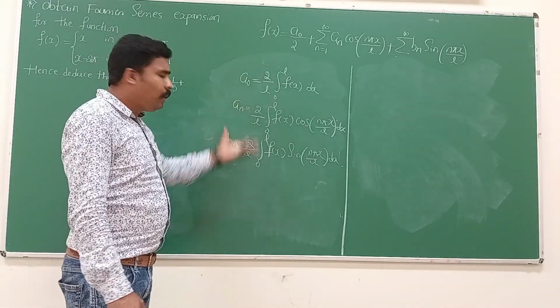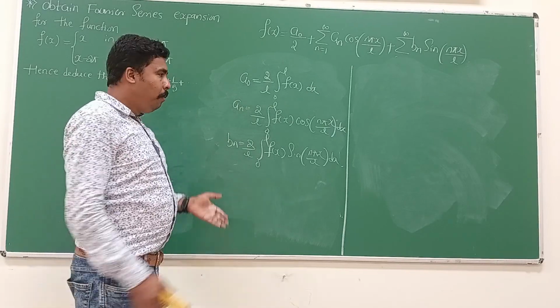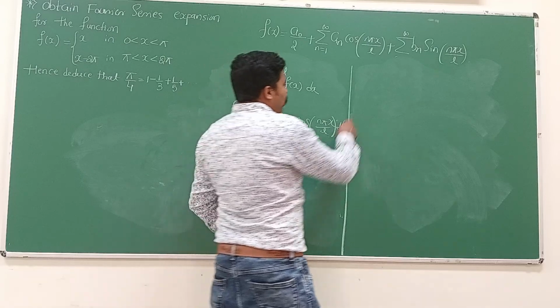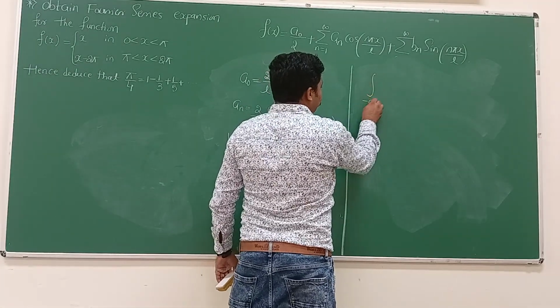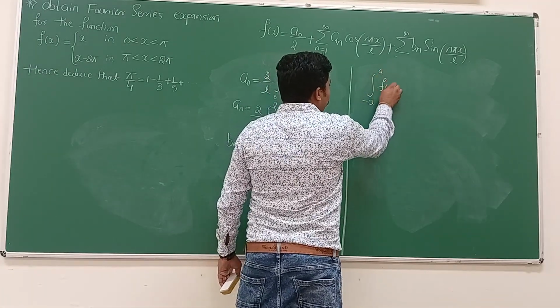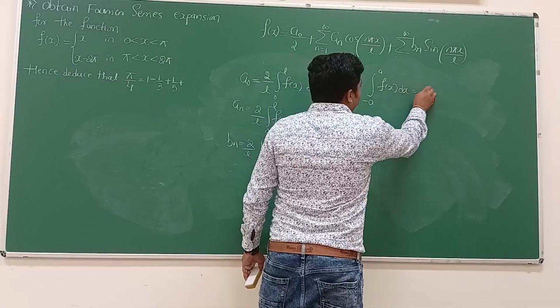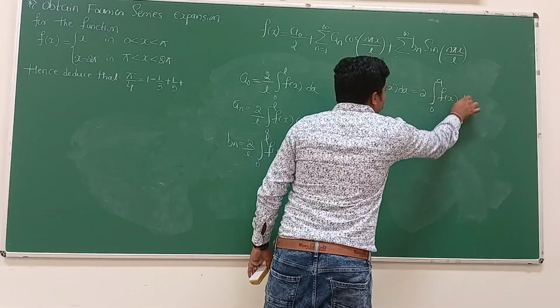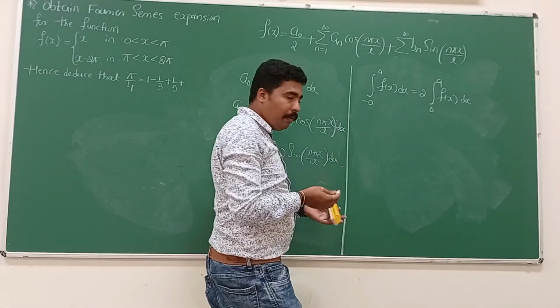So how are these formulae derived? Using basic integration properties, that's it. What are the properties? There are two properties. Integral minus a to plus a of f of x dx becomes 2 times integral 0 to a of f of x dx when the given function is even.